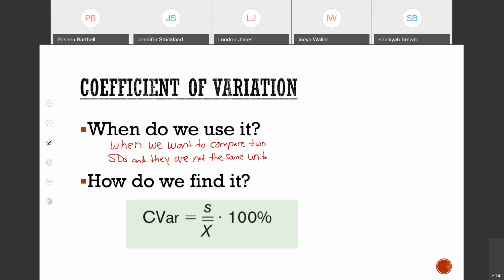The coefficient of variation gives us a formula that we can use to convert both of our items to the same thing.